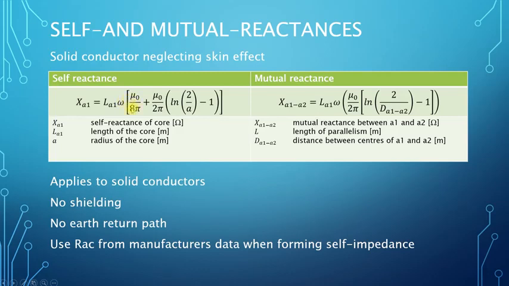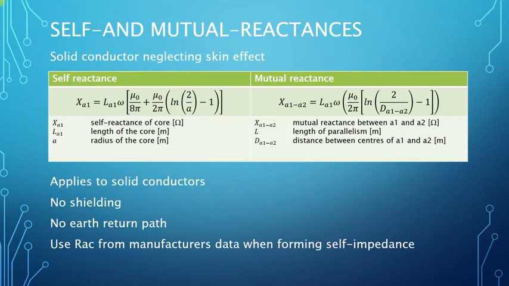Mu naught over 8 pi is essentially the inductance of the conductor due to the magnetic flux which is internal to the conductor, and mu naught over 2 pi times this term here is associated with the inductance due to the magnetic flux which is external to the conductor.